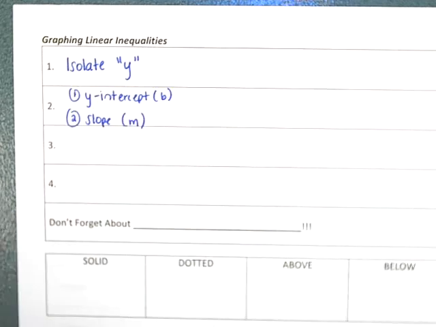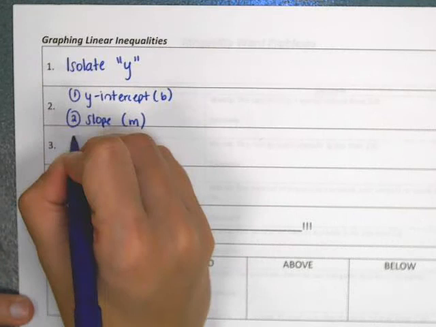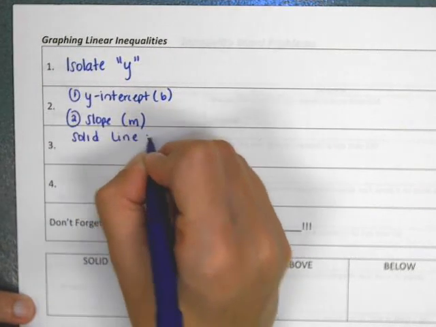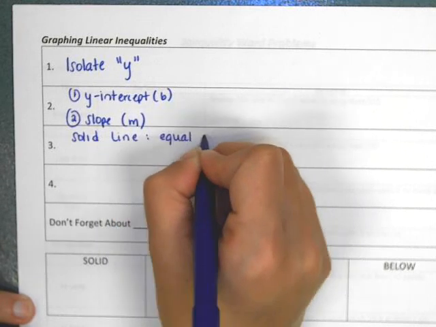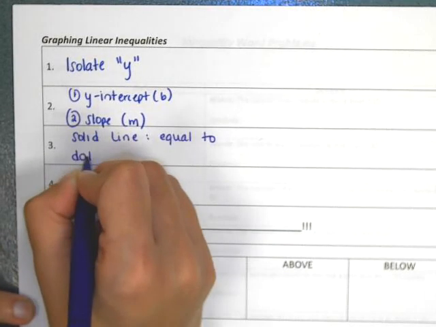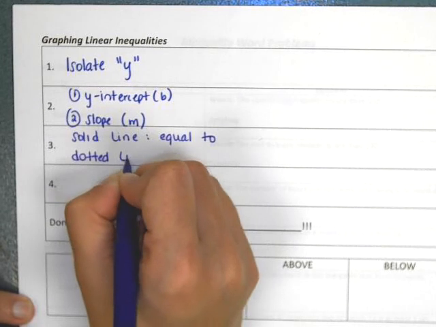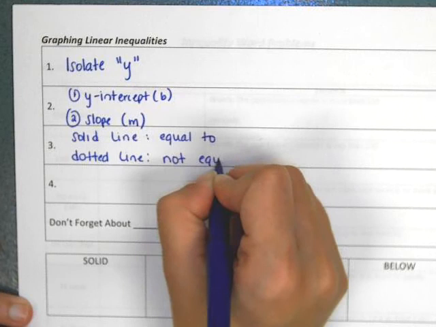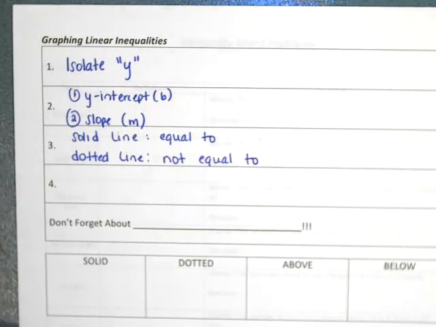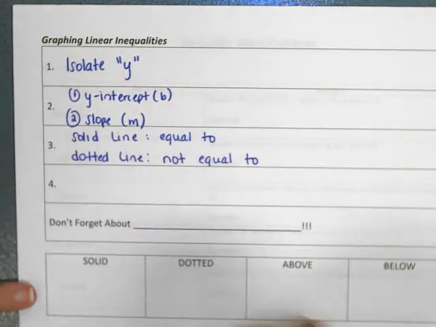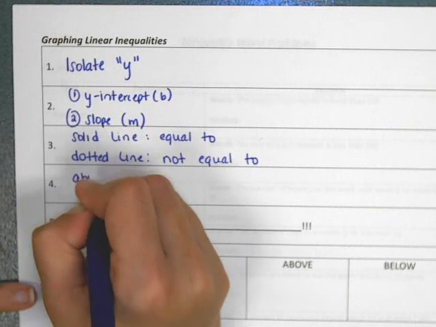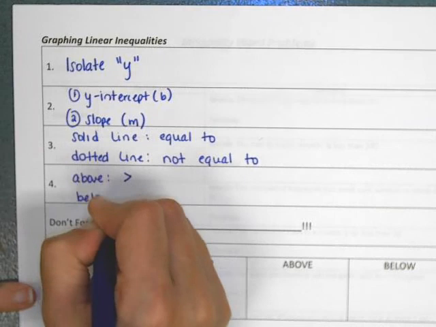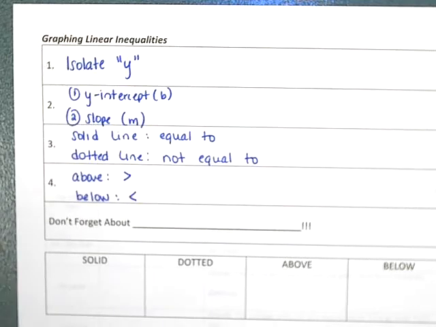Then you determine whether you should make it a solid line, which is when you have an equal to, or a dotted line, which is when you do not have an equal to. And finally, you decide between shading above, which is a greater than, or below, which is a less than.